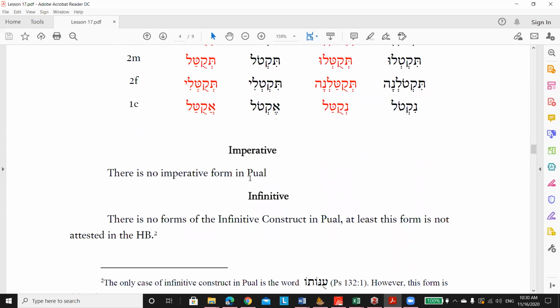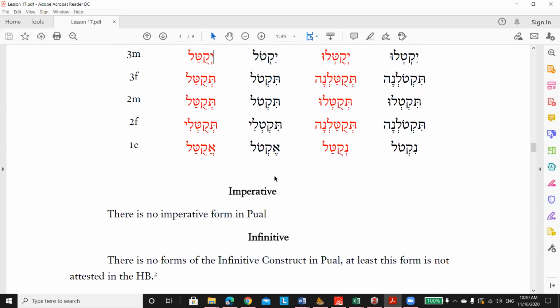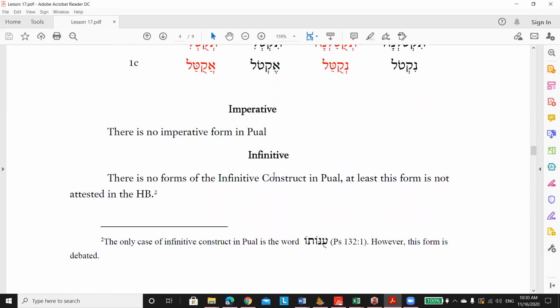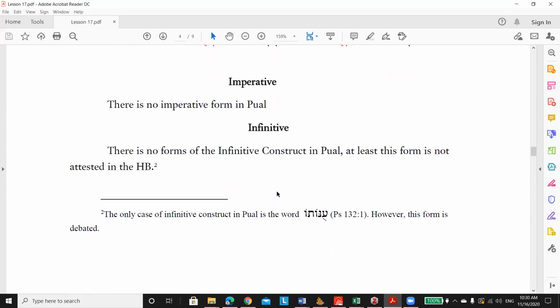Imperative. There is no imperative in Pual. Why? Because it is a passive stem. It is the passive of Piel. And because it is a passive, it is very difficult to say imperative in passive. That is why there are no imperative forms in Pual. And if you speak about infinitive, there are some cases, and scholars say that it is an example of infinitive construct or infinitive absolute, but all these cases are debated.